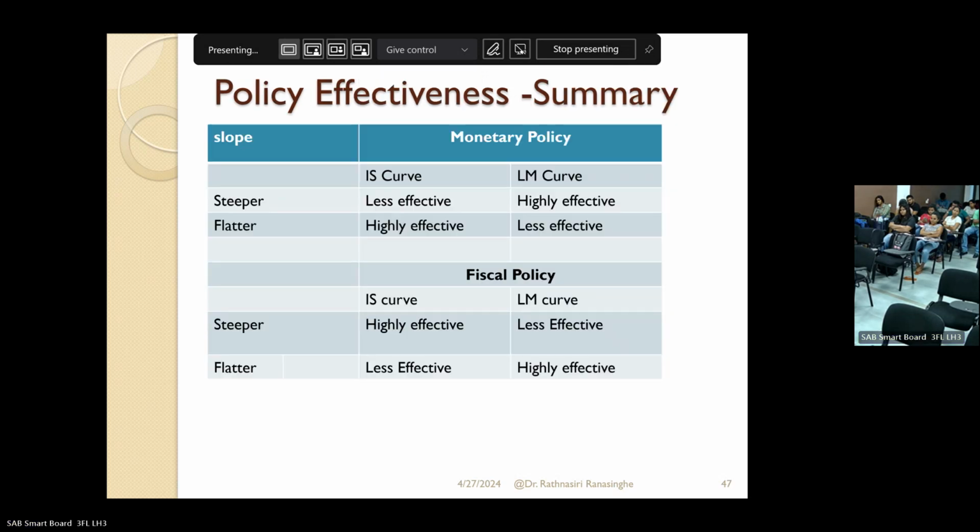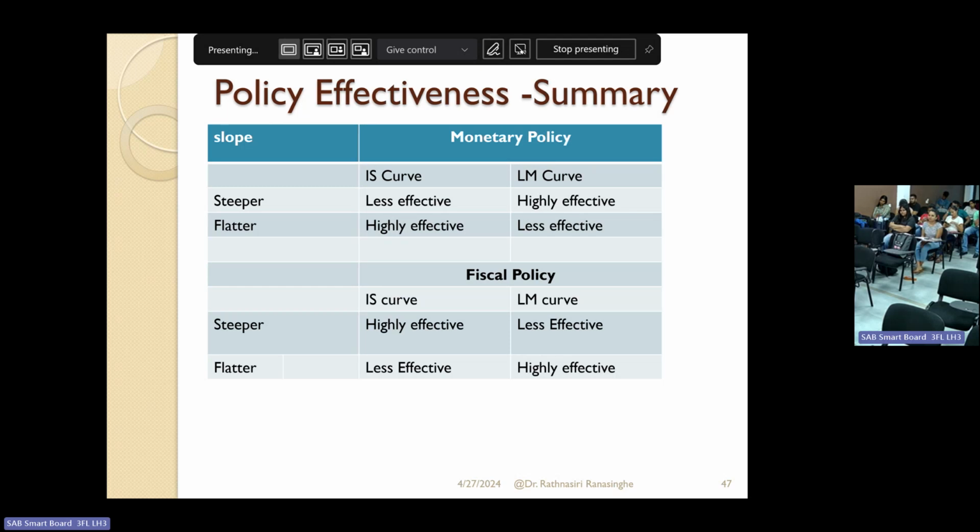Now, if I give the summary, basically we take the two policies, monetary policy and fiscal policy. Now we have the IS and the LM, sometimes steeper, sometimes flatter.